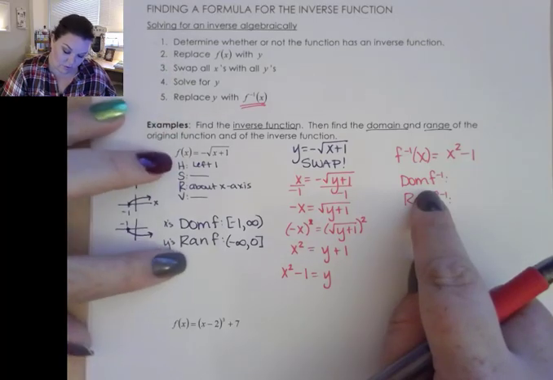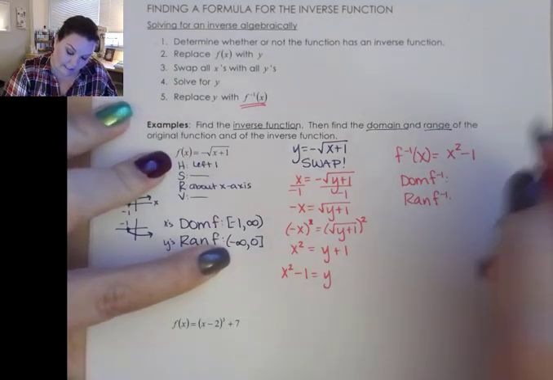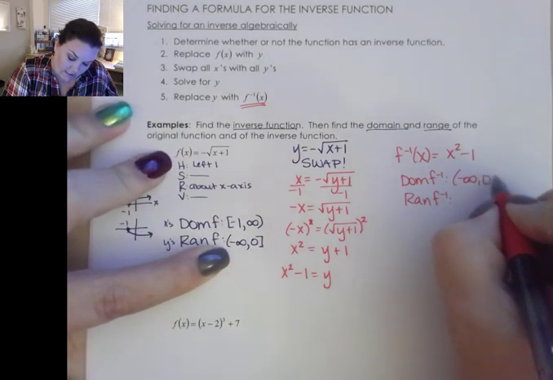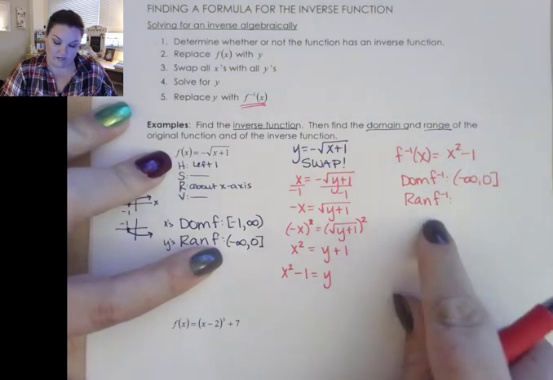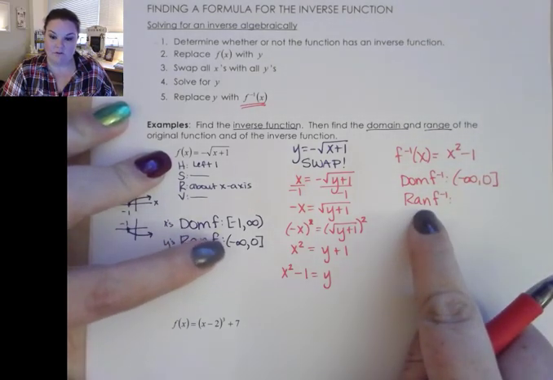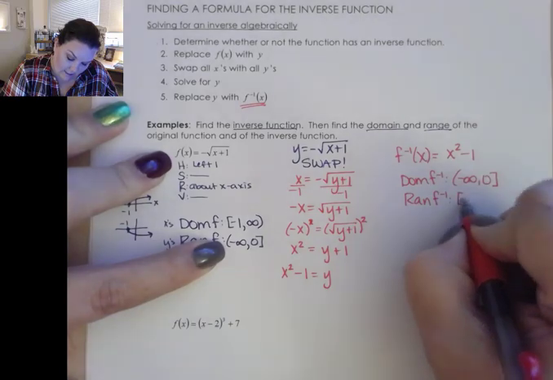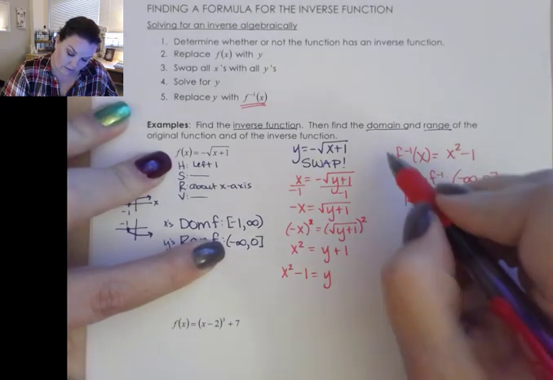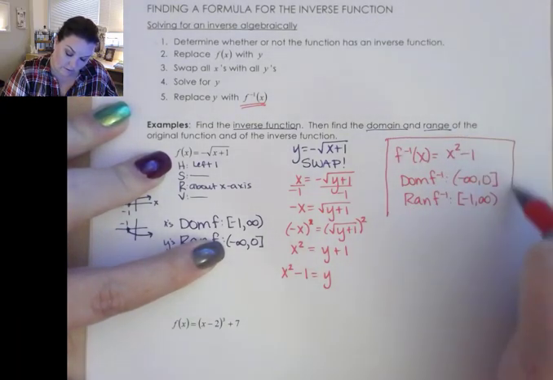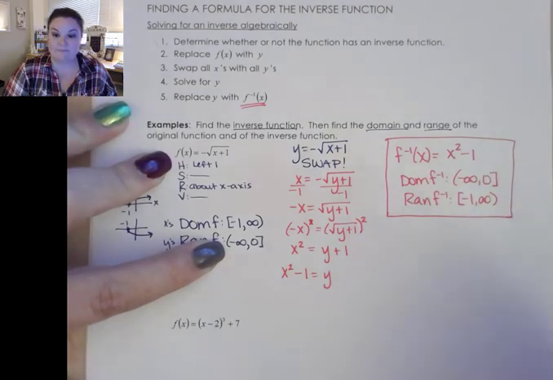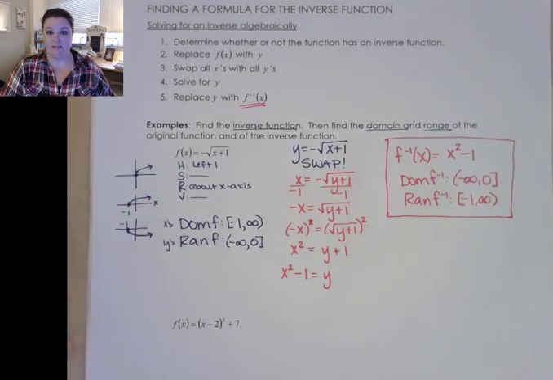So that means my new domain is my original range, which is -infinity to 0. And my new range is my original domain, which is -1 to infinity. Okay, so there's my inverse function and its domain and range.